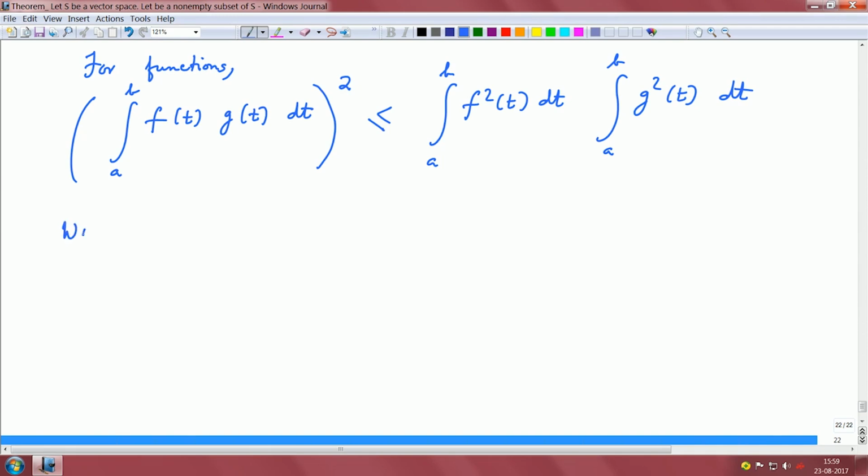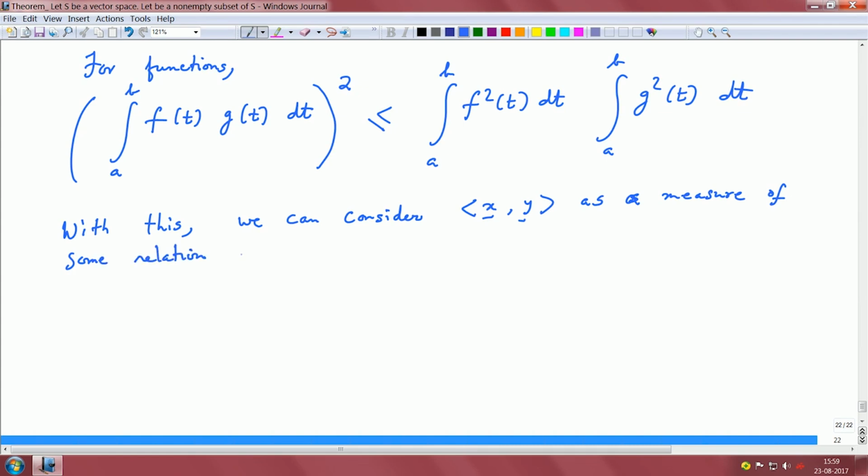So with this we can consider this inner product as a measure of some relation between vectors x and y, right.